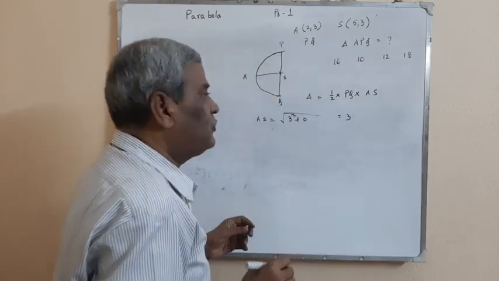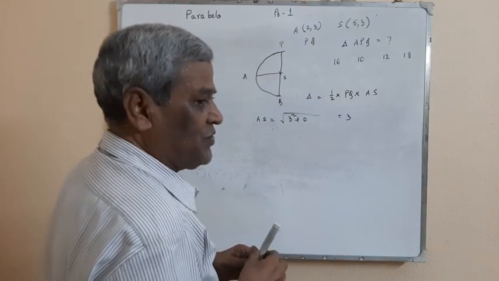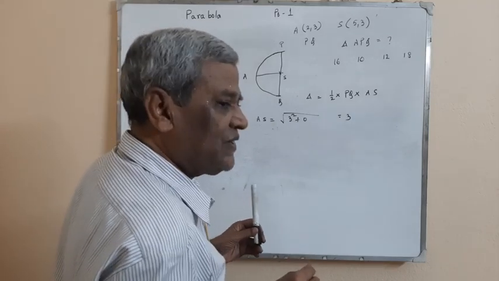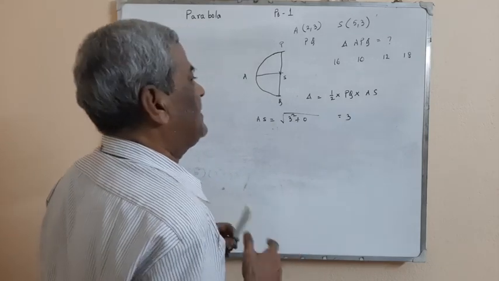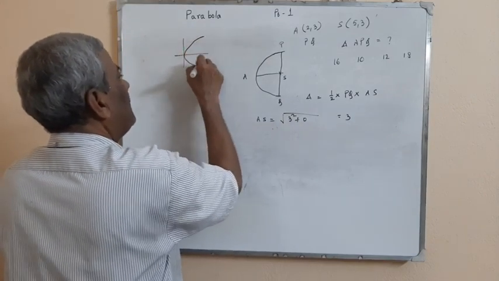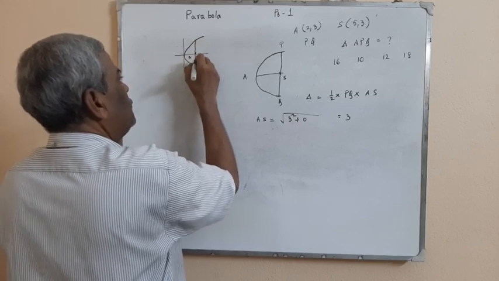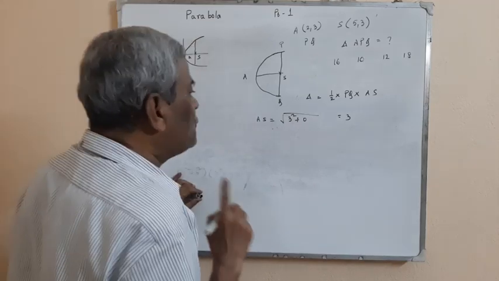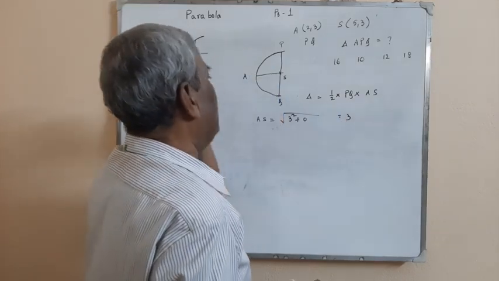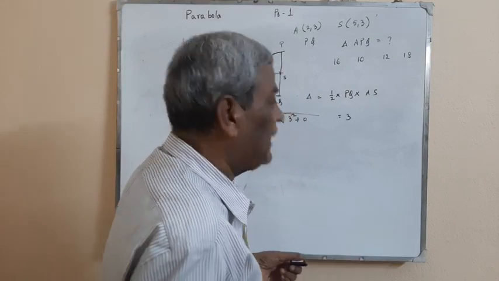And PQ, actually length of latus rectum, it is equal to 4 times a. What is a? a is the distance between focus and vertex. In standard form, you see, this is S, this is A, it is a, and it is 4a. So a is known now. a is equal to 3. AS is equal to a. We just now calculated it.